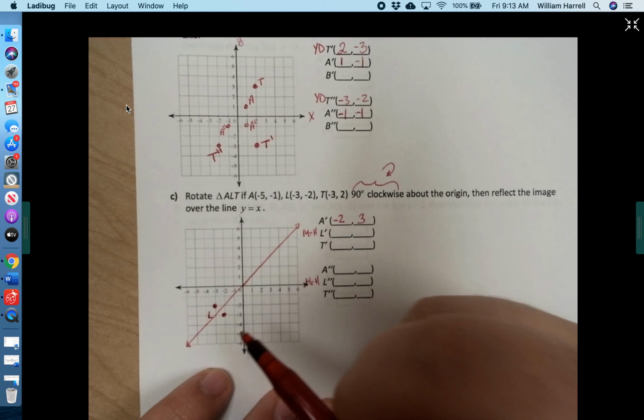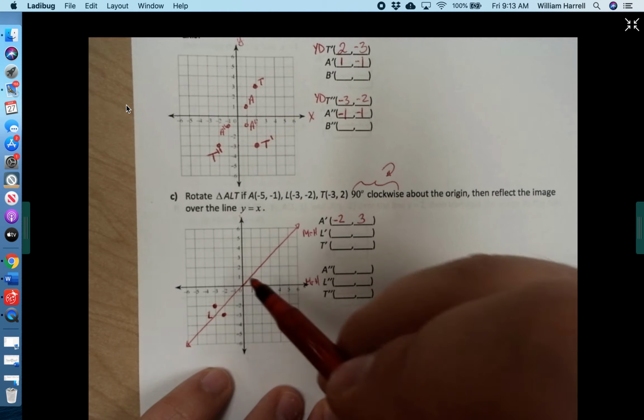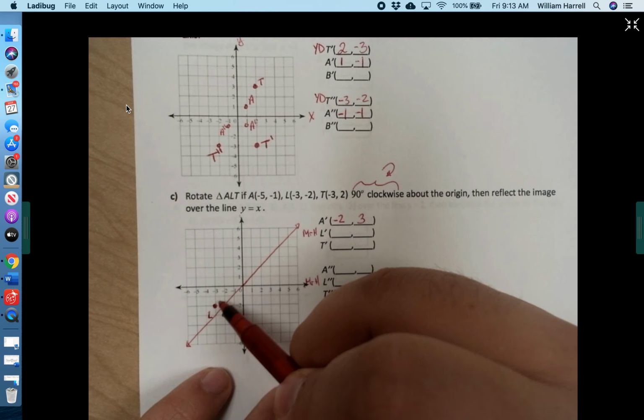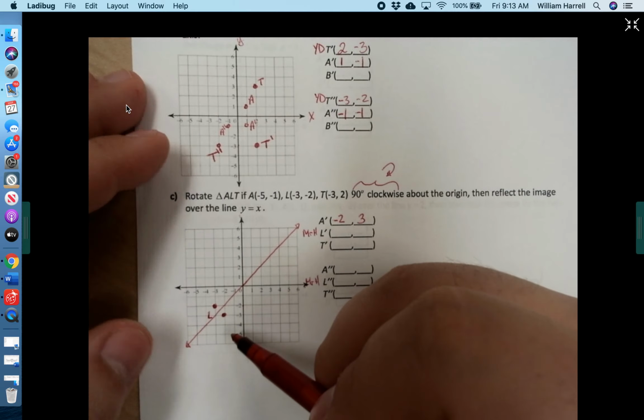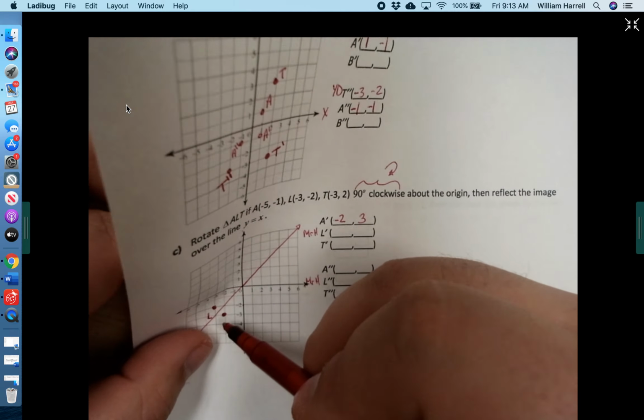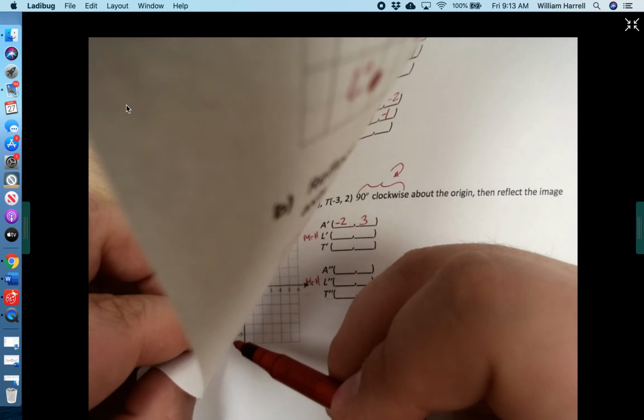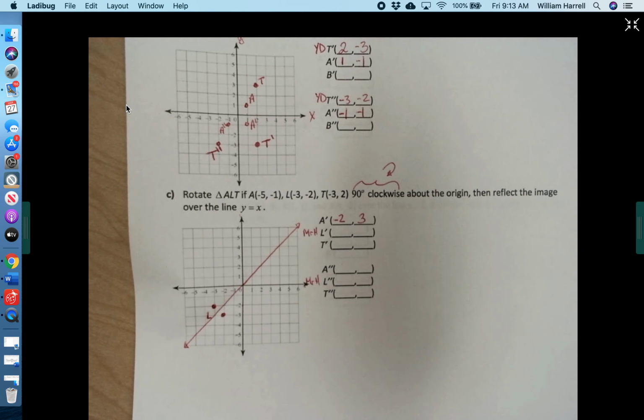I'm kind of either to the left or up 1. So I can see that mirror. Also, if I fold this paper along this crease, these dots are going to line up. Okay, mirror images, the same distance.